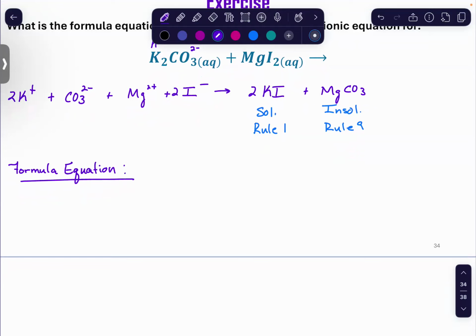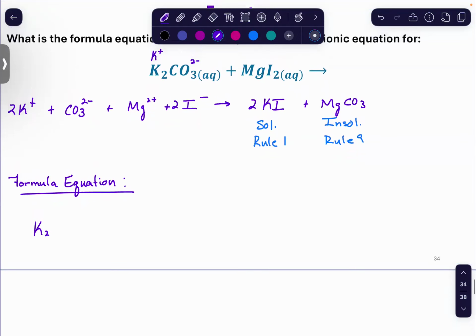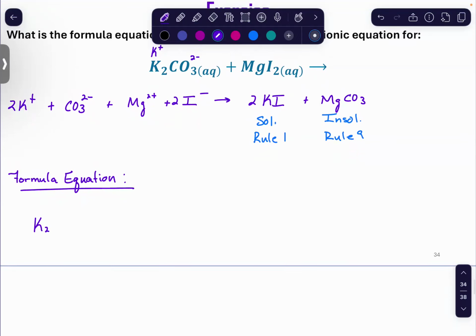So we're going to end up with, and on your assignment, you'll probably have more steps than this when you're balancing, but you may not. So if we have our potassium carbonate, that's aqueous, plus our magnesium iodide, that's aqueous.